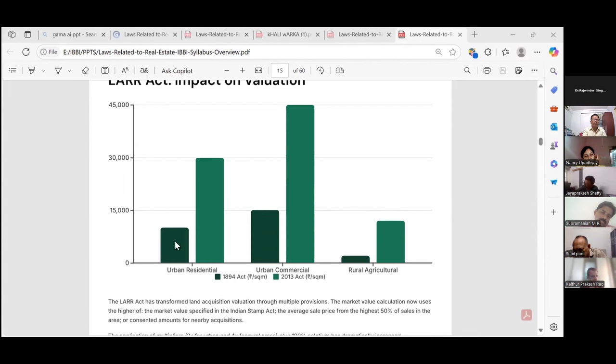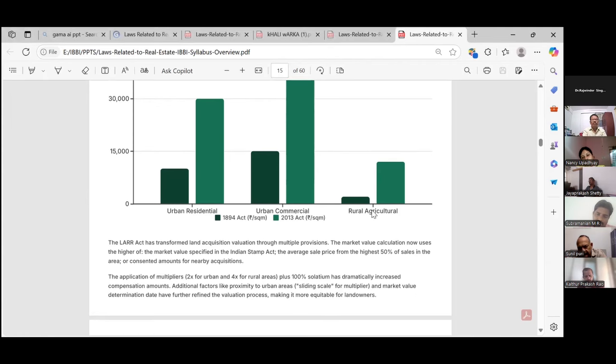Urban residential property, if you were getting less than 15,000 compensation, now it will get higher than 30,000. Similarly, urban commercial property, which may have got 15,000, can now get 45,000, three times the compensation. Similarly, rural agricultural property may get much higher compensation.